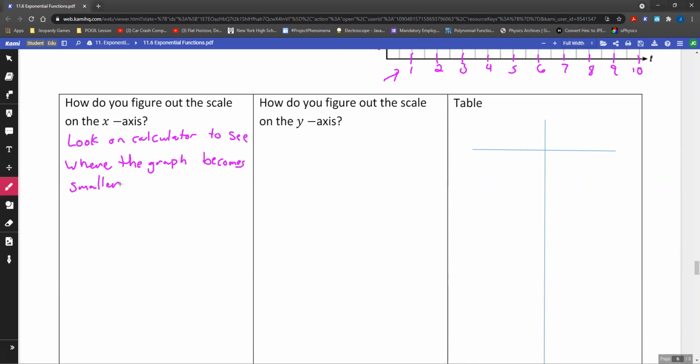So for here, at 0, it started off at like 3,800, and then by around 80, it gets all the way down to 4. So compared to where it starts, it's extremely smaller.